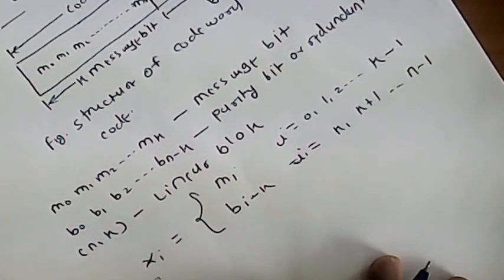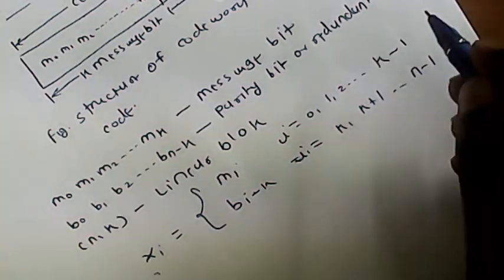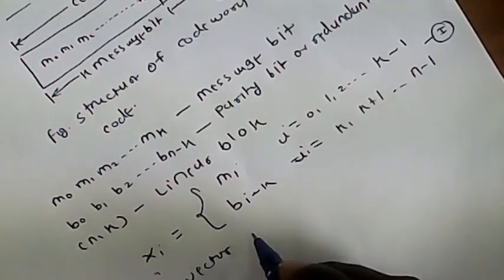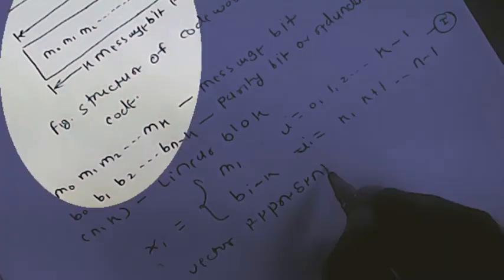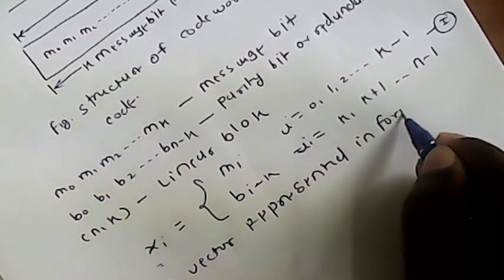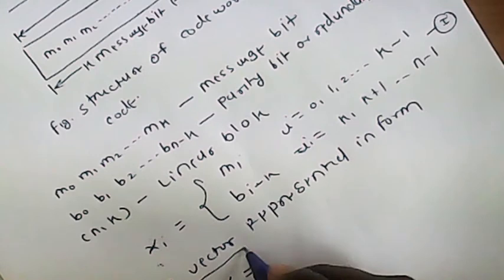Now we represent this equation number 1 in the form of a code vector. The code vector is denoted by the letter x.